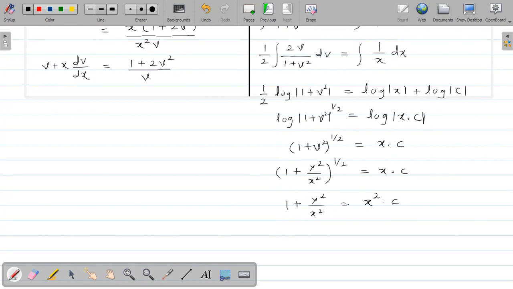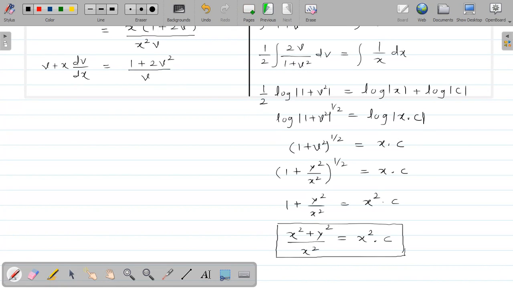Now by cross multiplying left hand side, we get (x square plus y square) upon x square is equal to x square into c. Okay, and you can keep this as a final general solution. So this will be a general solution of the given differential equation.